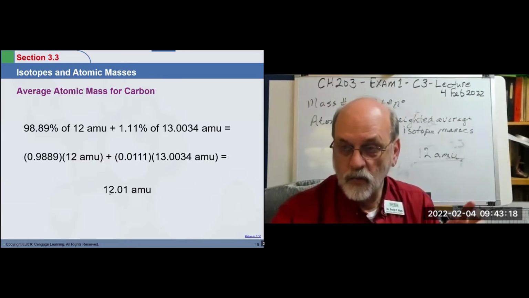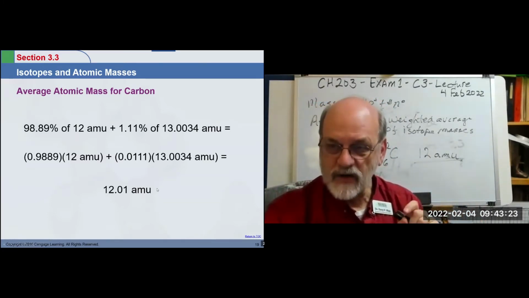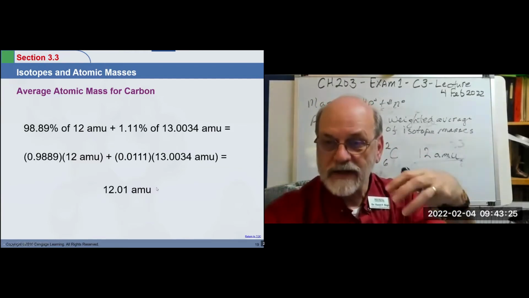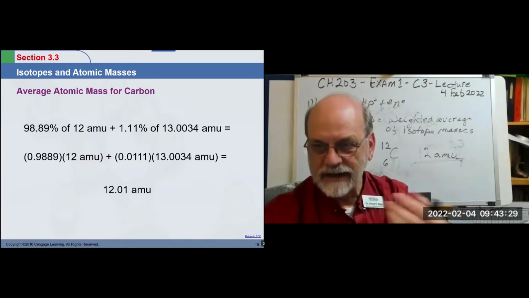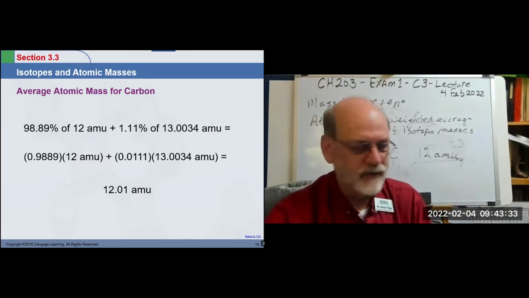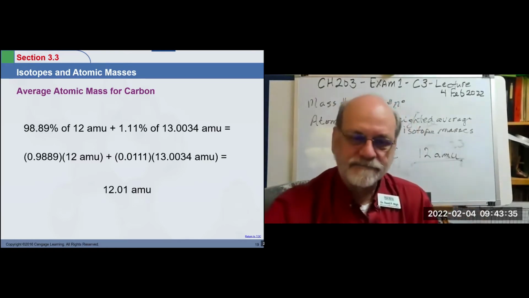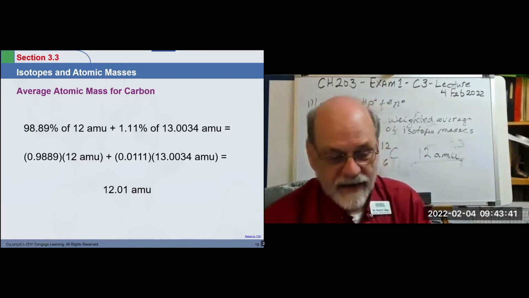And using our periodic table, we will be able to find out what that value is for the natural abundance of that particular element in nature. Well, that's redundant: natural abundance in nature. So that's the reason we do this calculation, and our periodic table has that information.